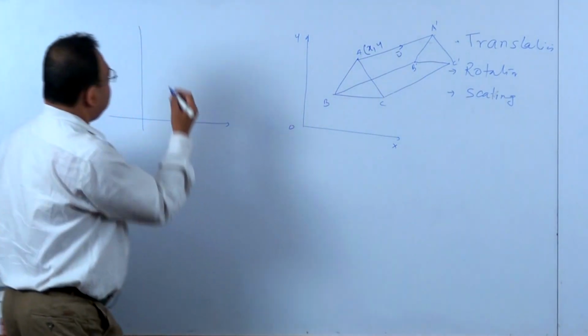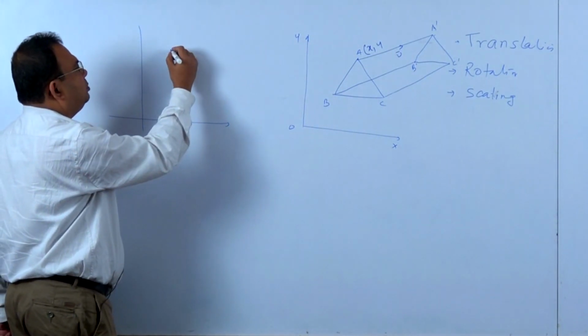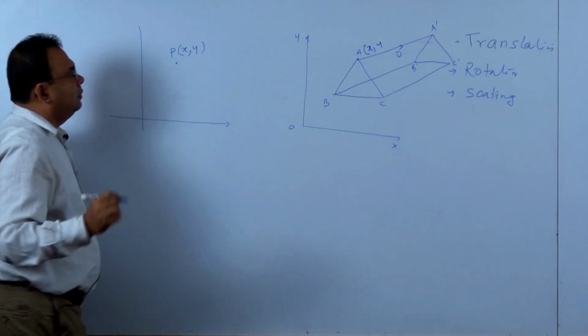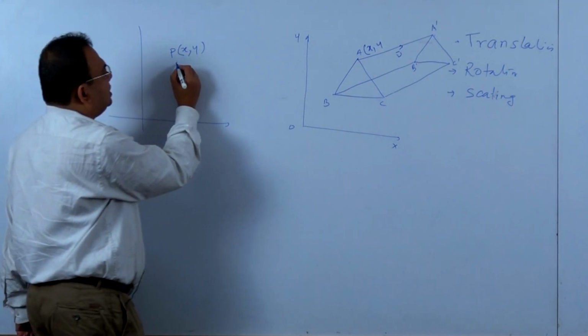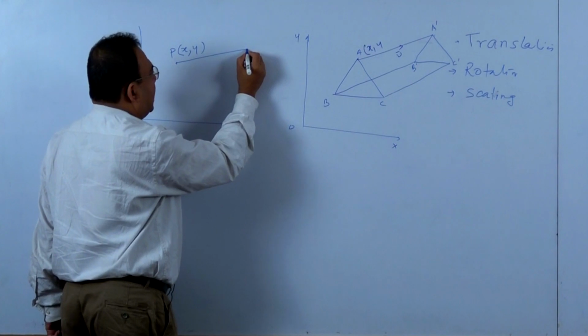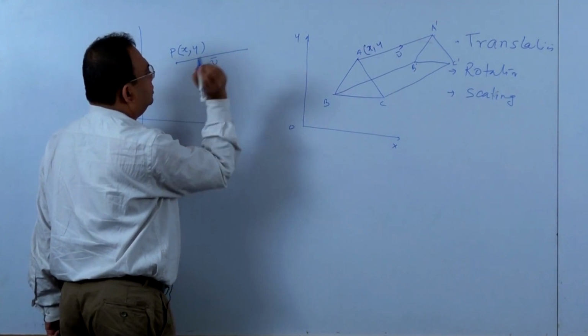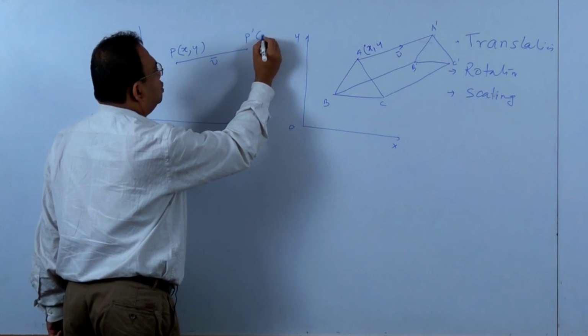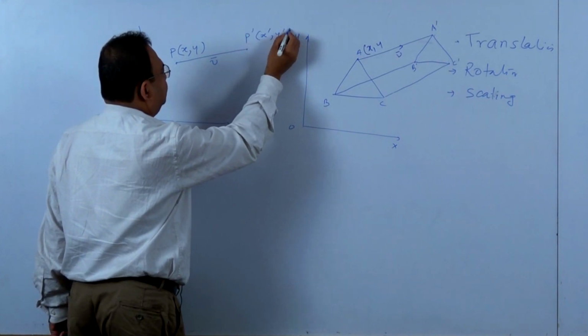So consider any arbitrary point P whose coordinate is x, y, and this point is translated along the vector v, and the new position is say P dash whose coordinate is x dash, y dash.